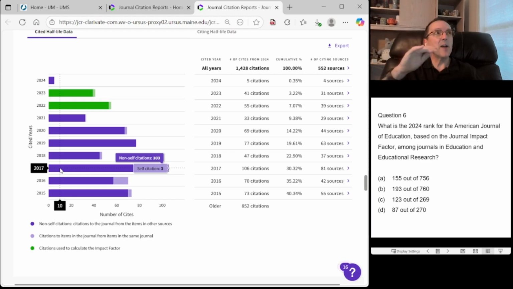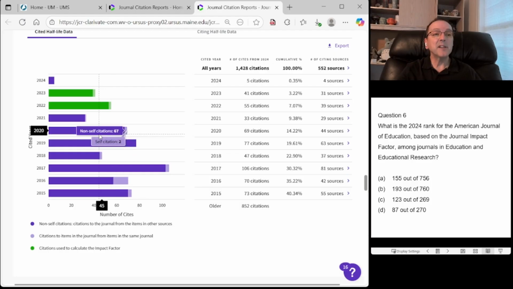So 106 times someone cited a 2017 American Journal of Education paper. And if we look here, 69 times they cited a publication from the American Journal of Education that was published in 2020. So the journal impact factor is based on just these little green bars, but this gives us a sense going further back that, wow, even papers 7, 8, 10 years ago are still being cited by people in 2024.